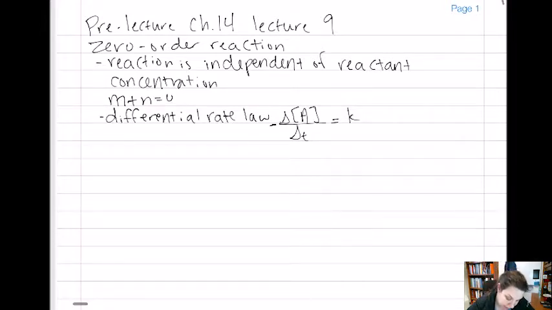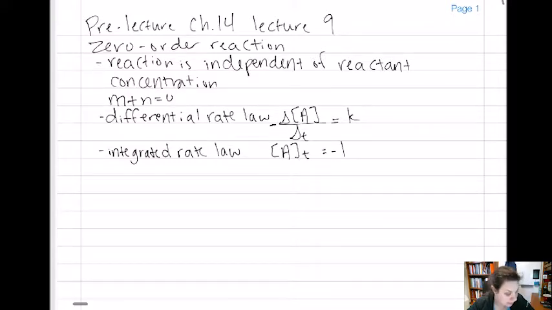Our integrated rate law: if we were to take that differential rate law and find the integral of it, we would get A at time t is equal to negative kt plus A at time 0.